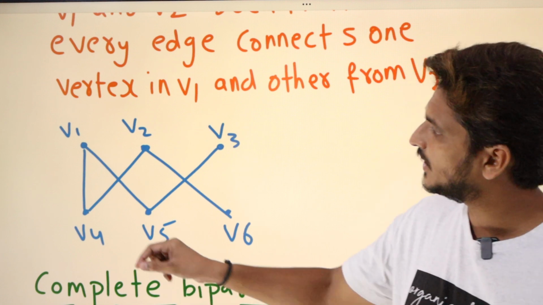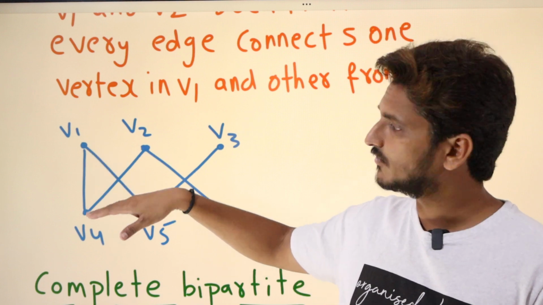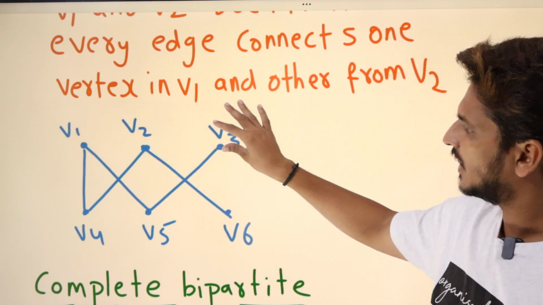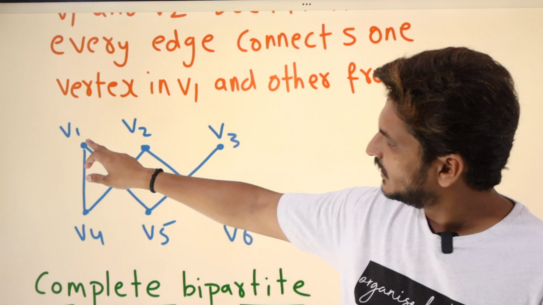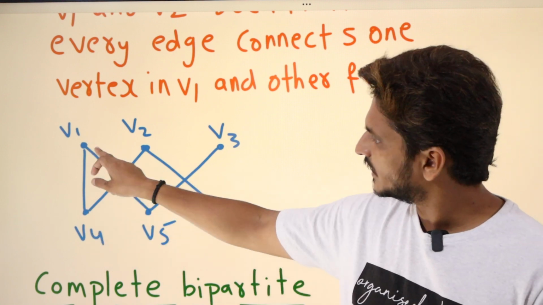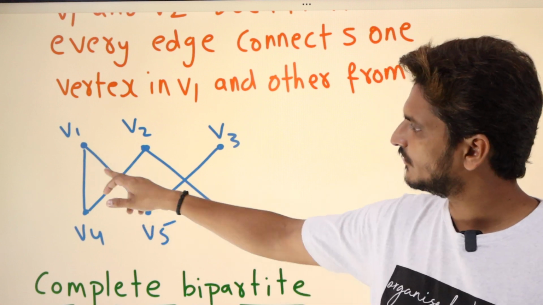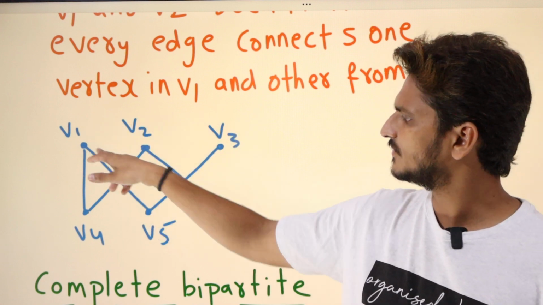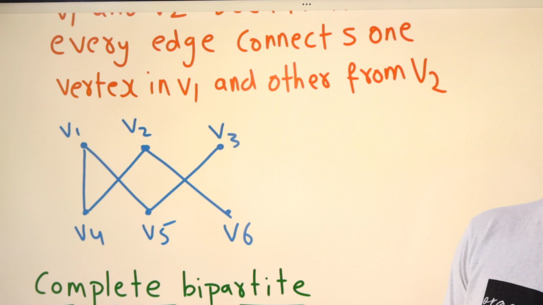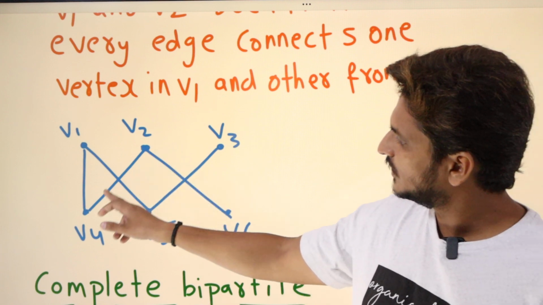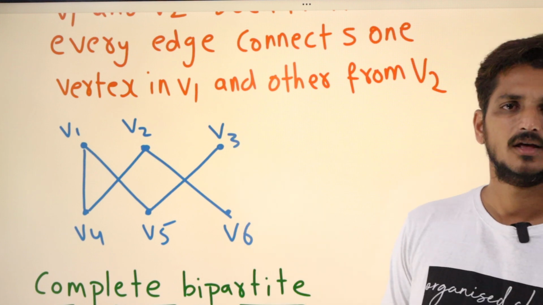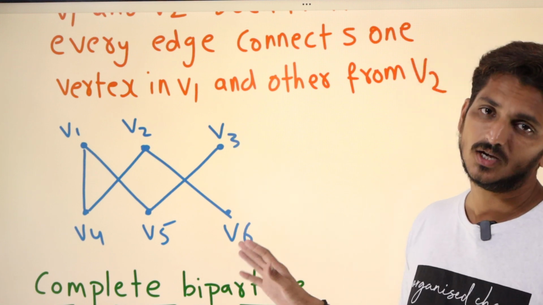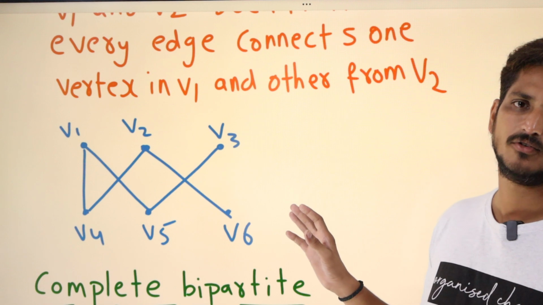That edge should be connected between one vertex from this set and another from the other set. So V1, V4. You take this edge, V1, V5. V1 from this set, V5 from the second set. V2, V4. V2, V6. V3, V5. So that's why it is called a bipartite graph.